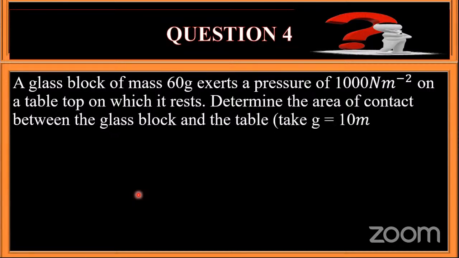When you look at this question, they're saying we take g to be 10 meters per second squared, which we already know. Even if it is not given to us, we know it. We have the mass as 60 grams, but we have to convert this mass to kilograms.